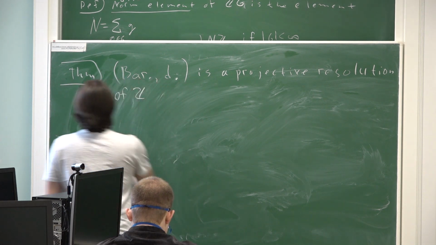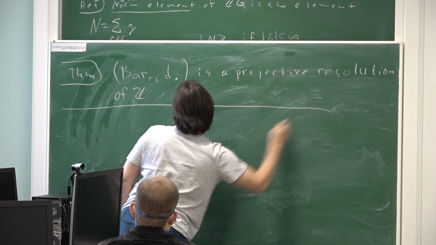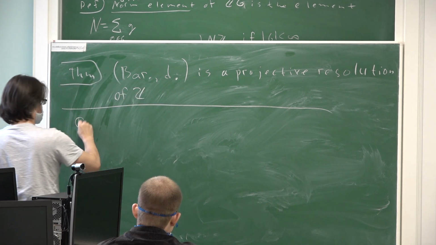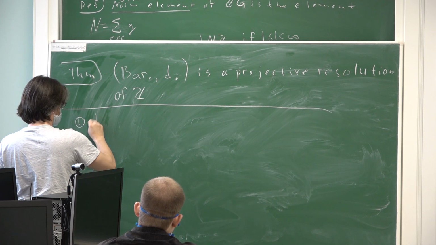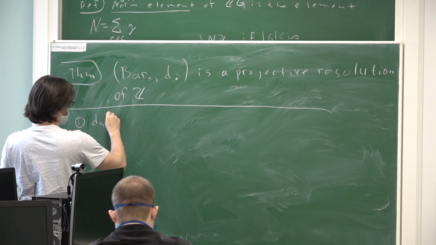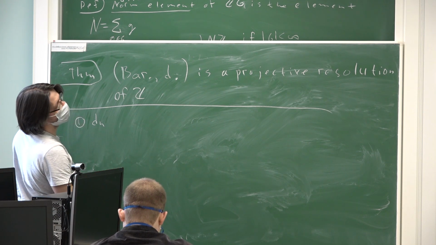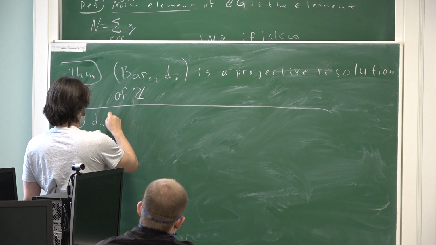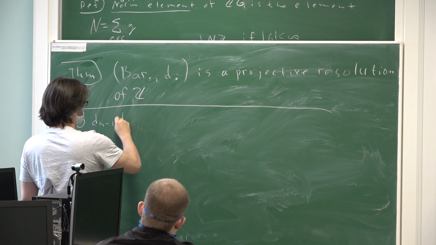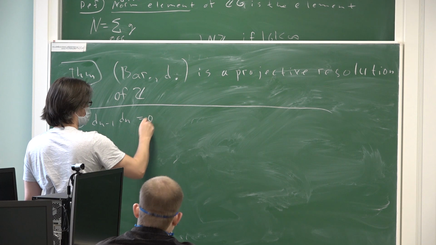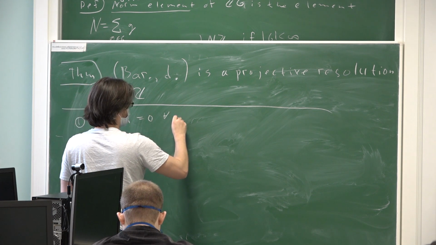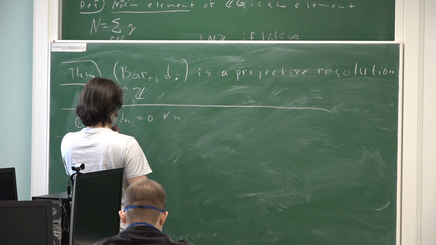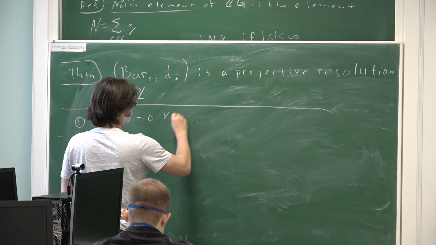So to prove this, we first need to prove that d(n minus 1) dn is 0 for any n from 1.